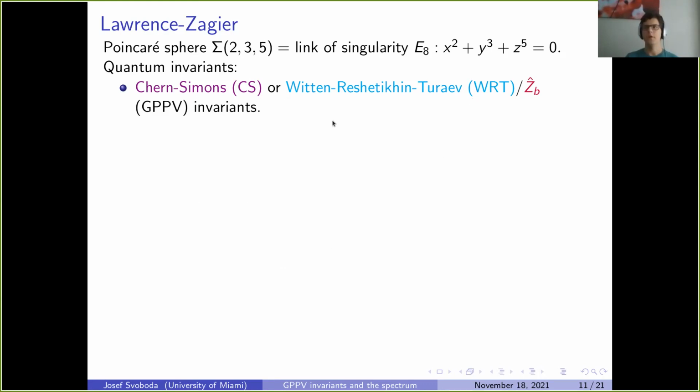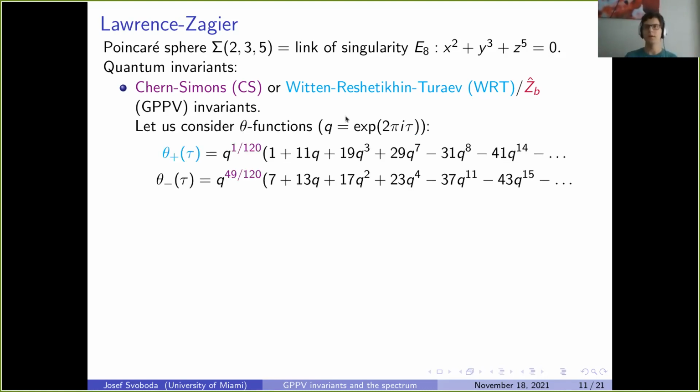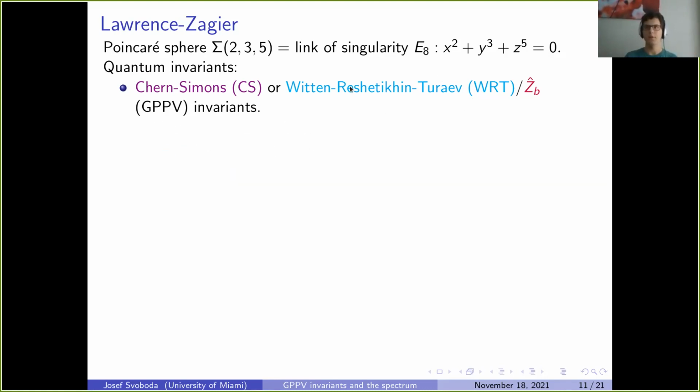Witten wrote this famous path integral for Chern-Simons theory, and then Reshetikhin and Turaev found a mathematically well-defined version using surgery on the three-manifold. So they constructed invariants labeled by an integer n, the level of the Chern-Simons theory.